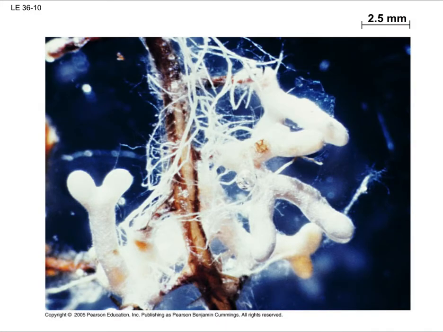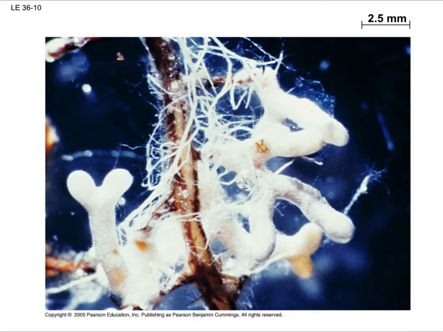Okay, you should have said that it was to increase the surface area, and I would be remiss if I didn't mention that most plants have fungi associated with their roots called mycorrhizae.